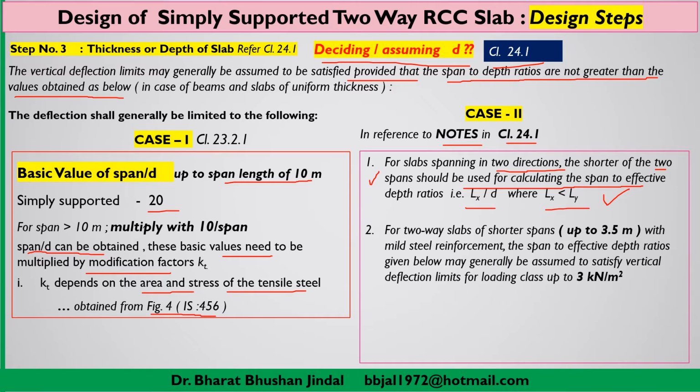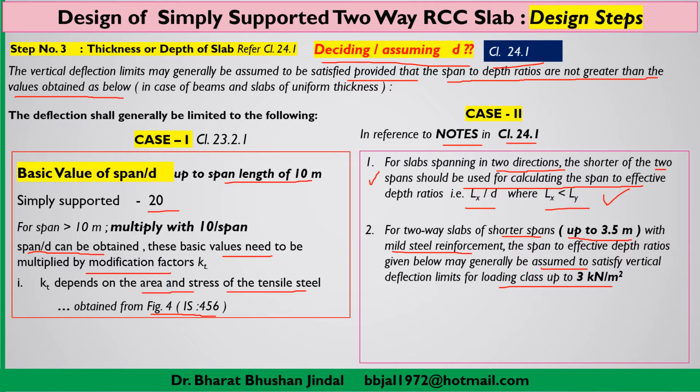Now for two-way slabs, if this condition is satisfied, that means the shorter span has length up to 3.5 meter, and if you are using mild steel reinforcement, then the span to effective depth ratio can be assumed, which is considered to satisfy the vertical deflection limit. And another condition is for loading class up to 3 kilonewton per meter square.